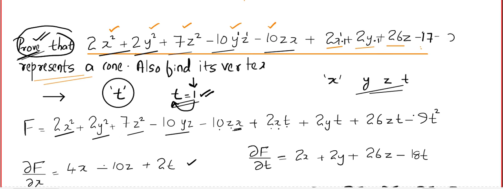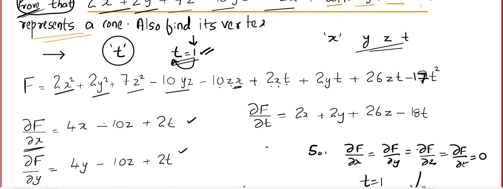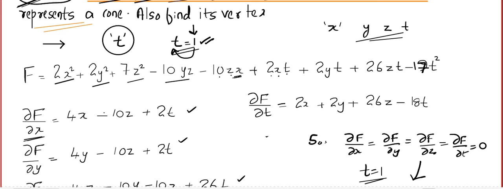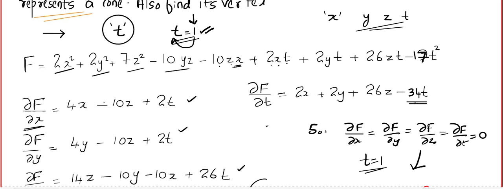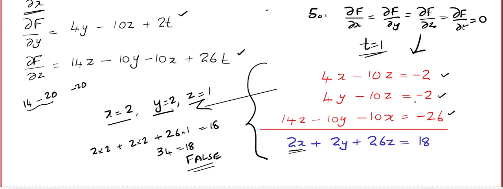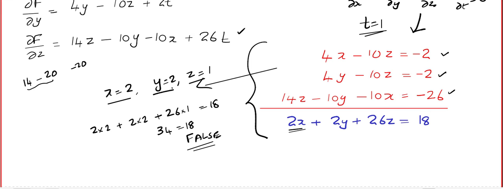Then you will get 17 into t squared, so automatically this will become 17 into 2, that will be 34 into t. I think you understood why I am creating the number 34 there. So when I plug in, I will get 34 equal to 34.